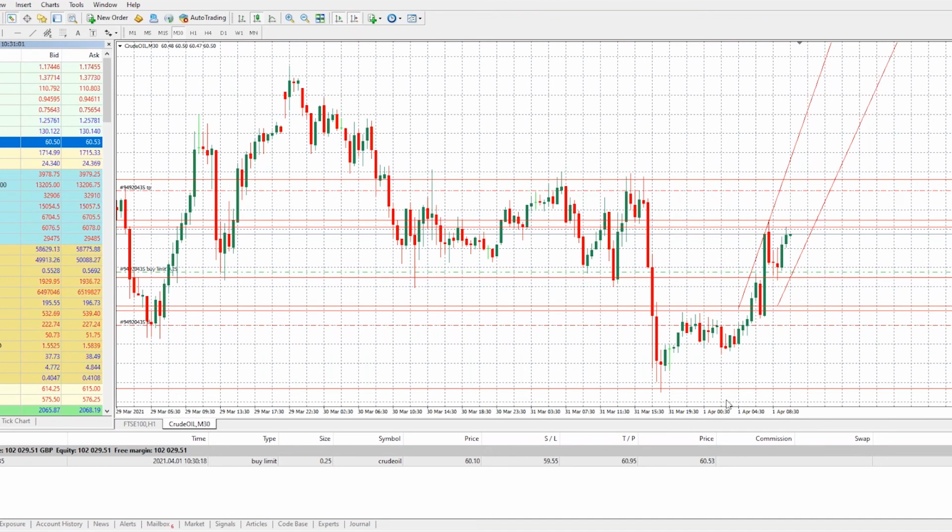I'm going from entry price 60.1, take profit 60.95. That's 85 cents per barrel potential profit. So risking 55 cents per barrel, potential profit 85 cents per barrel. And that might sound like an insignificant number, 85 cents compared to 55 cents, but that's a huge percent difference.